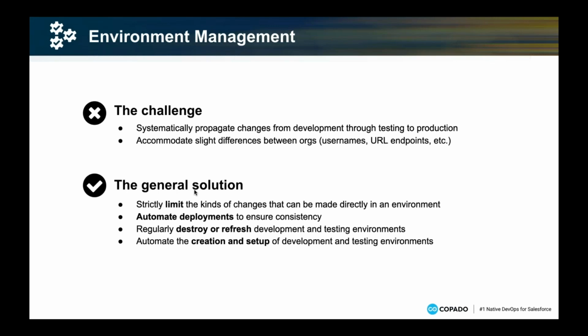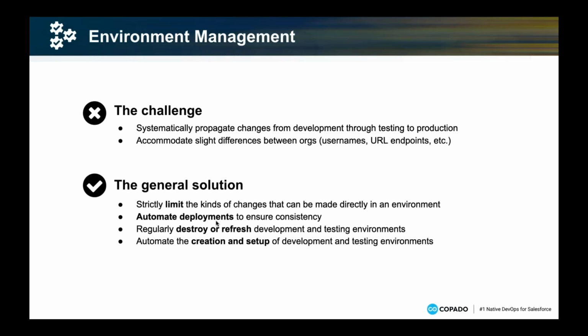So the general solution, you want to strictly limit the changes that can be made directly in an environment. It's a theme I touch on a lot in the book about locking people out from being able to make changes directly in production. But then you want a way to automate the deployments. You want a way to manage those environments.